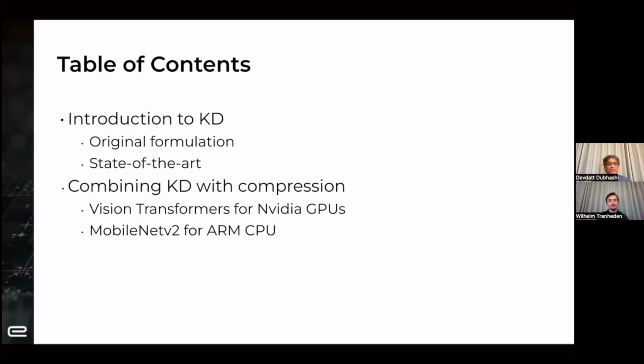So we are going to make the case that it's a very important part of the toolkit of people working in efficient deep learning, and that it can be used very effectively with other parts of the toolkit in compression. And we're going to showcase it with a couple of examples with vision transformers for NVIDIA GPUs and for MobileNet 2 for ARM CPUs. And if you stick around to the end, you will see that you can get some very remarkable improvements.